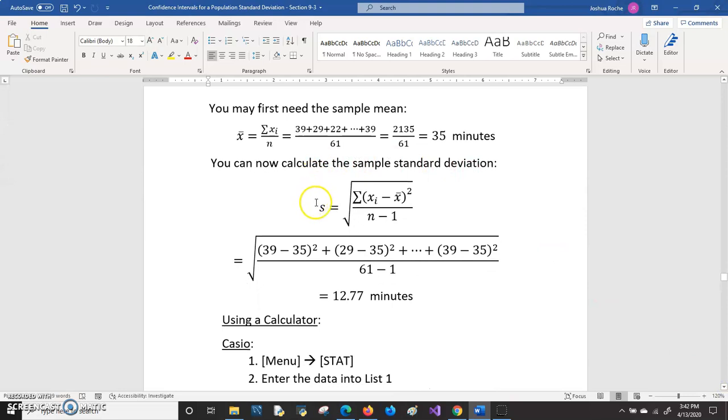And from there you can calculate the sample standard deviation, and one way to do that is to use this version of the formula. Put in all the x values, subtract the mean from all those x values, square them, so square that difference of each one, and then add up all those differences, divide that by n minus 1, take the square root of that result, and this one comes out to 12.77 minutes.